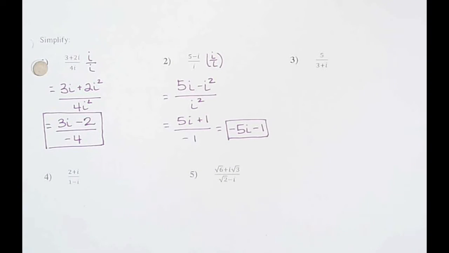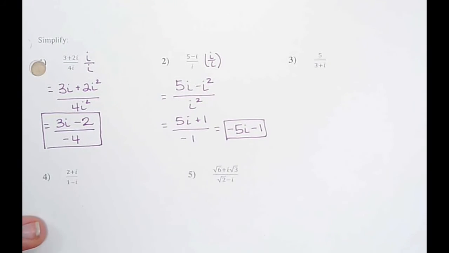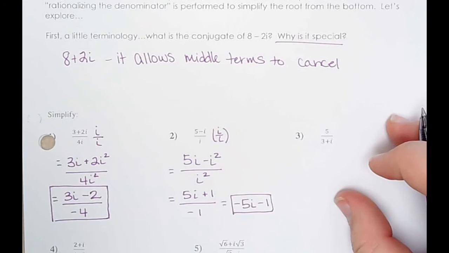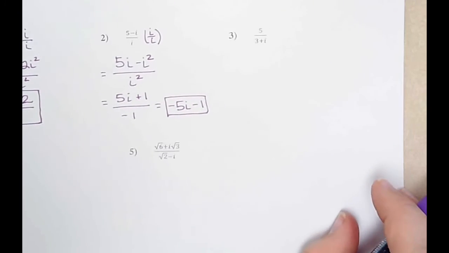Notice here, instead of leaving it as i squared, I automatically put it as a negative 1, just to save myself some time. I can't really simplify this other than the top piece, so I'm going to say 1 plus 3i over 2. That's about as simple as I can make it.